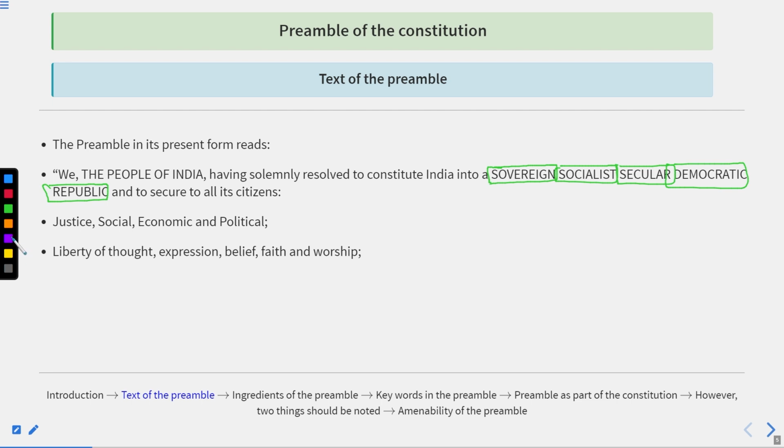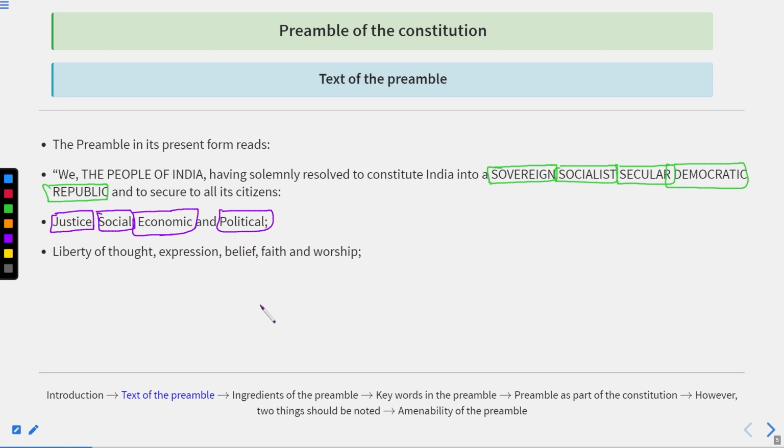All right. And what are the inspirations? What we have? Justice, social, economical, and political. Social justice, it means everyone must be protected. All right. That is the welfare approach. Economic means that everyone must have adequate resources for the livelihood.